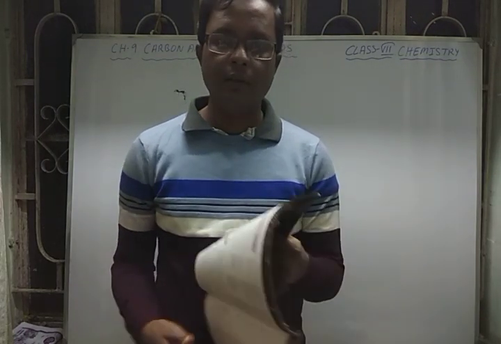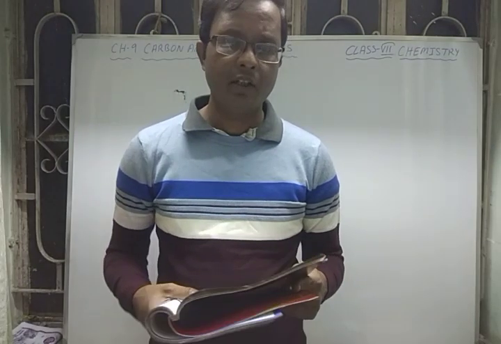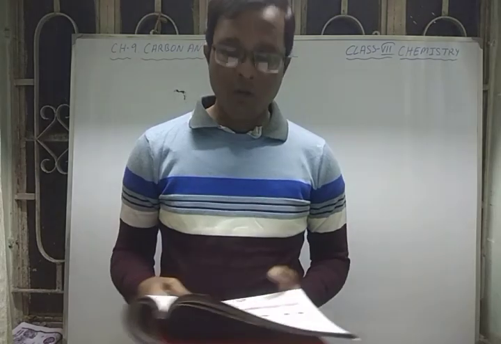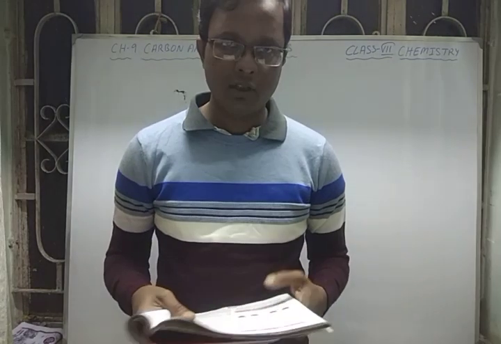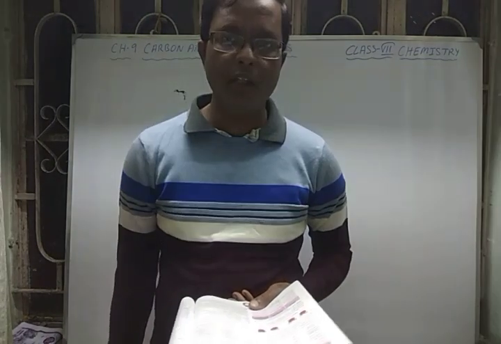As you know, the elements are represented by their symbol and molecular formula, but how can we represent the compounds? Compounds can be represented by a chemical formula. So we will see today how to form a chemical formula.